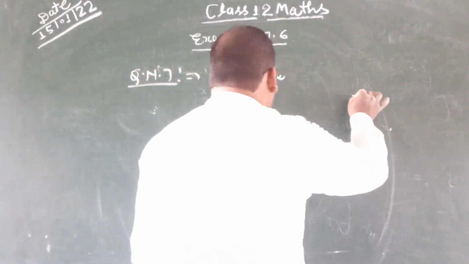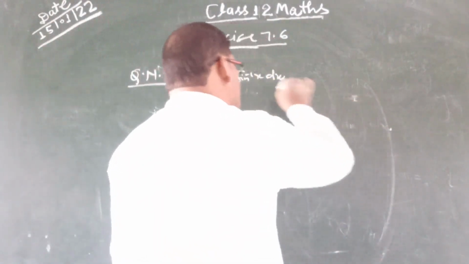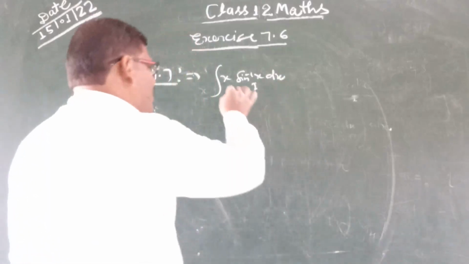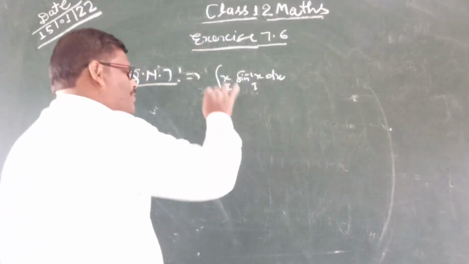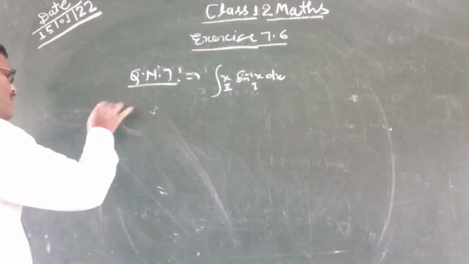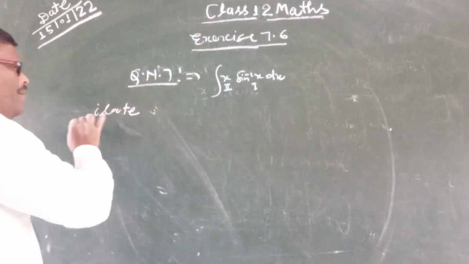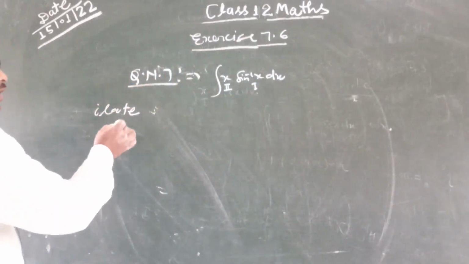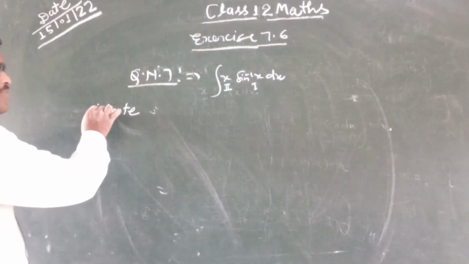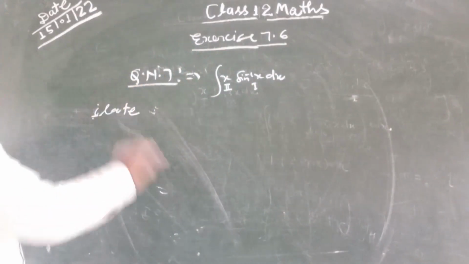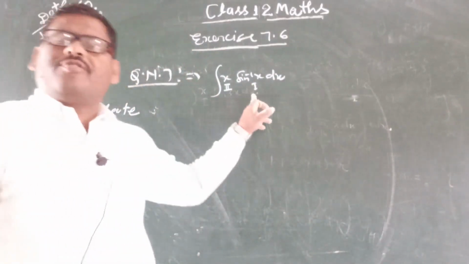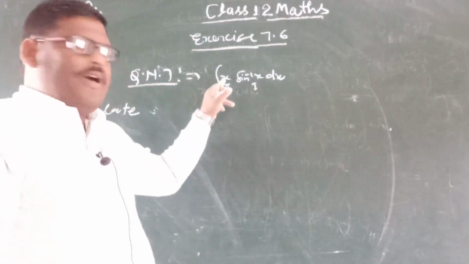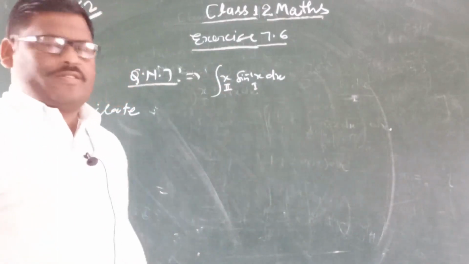According to ILATE, I comes before A, therefore the inverse function may be the first function and the algebraic function the second function.